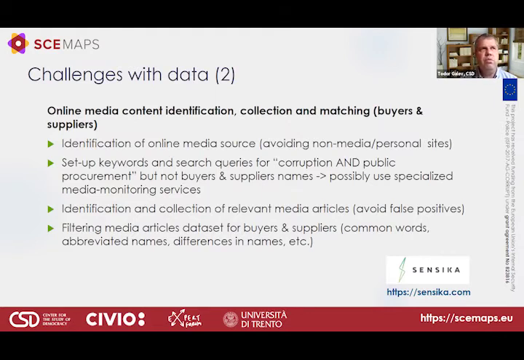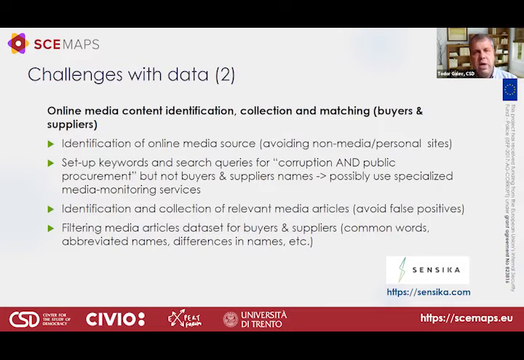And if you want to search articles about all these companies and public authorities, you get a lot of non-relevant articles, presenting just the normal business activity, or some news about public authorities organizing some events and so on. So even some more complex search queries that we used were not able to collect reliable information.